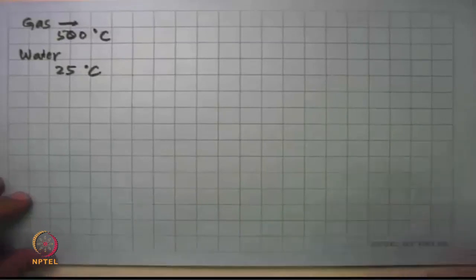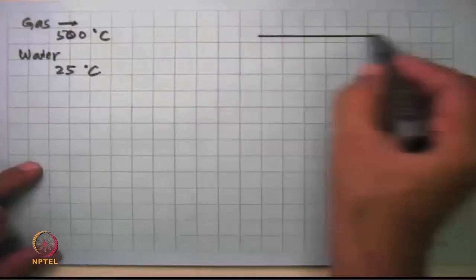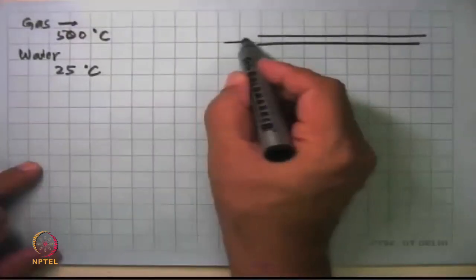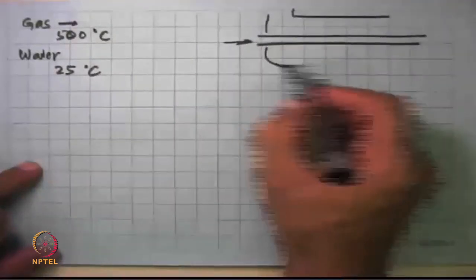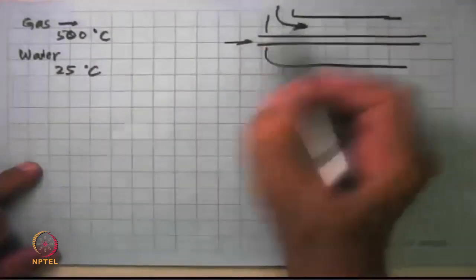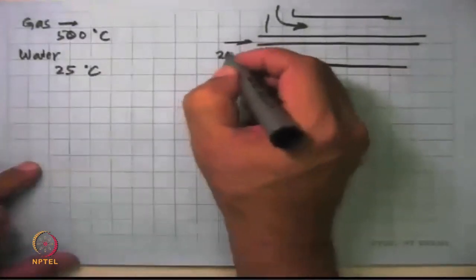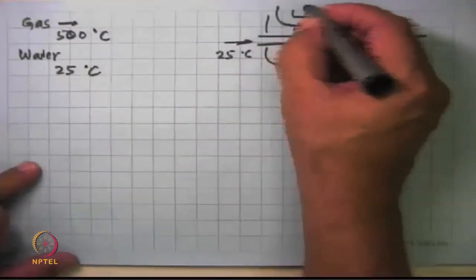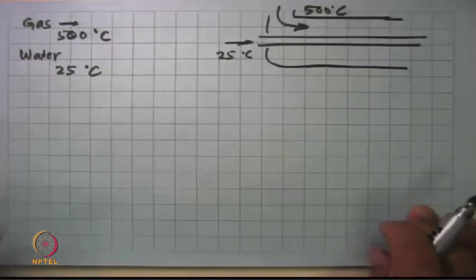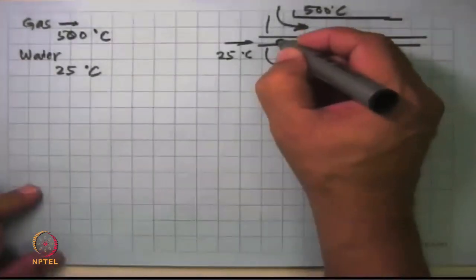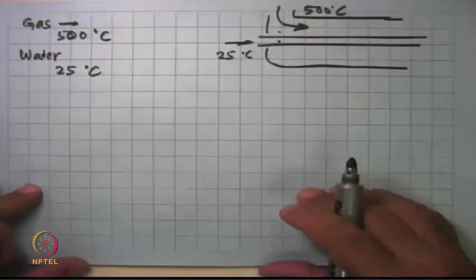So how do we do it? We have many options, and we say that, look, I will put the water through a pipe. It flows this way, and over it I will put another pipe into which the gas flows this way. So this is entering at 25 degrees Celsius. This enters at 500 degrees Celsius. So what is happening is, at this point, 500 degrees Celsius gas is giving heat to 25 degrees Celsius water.